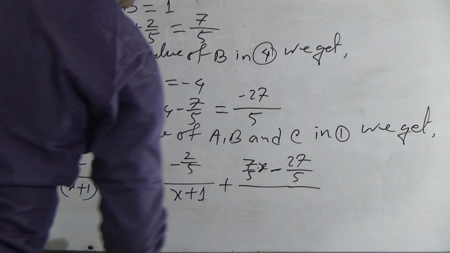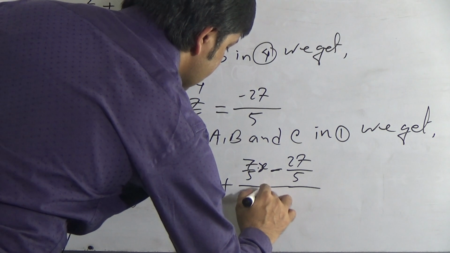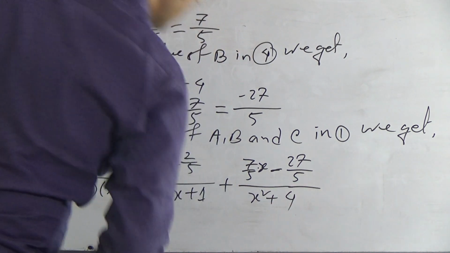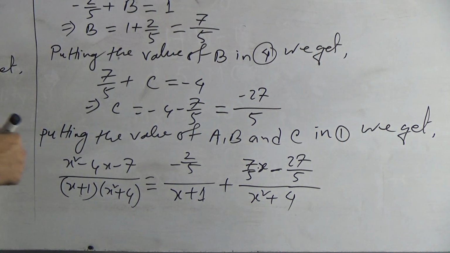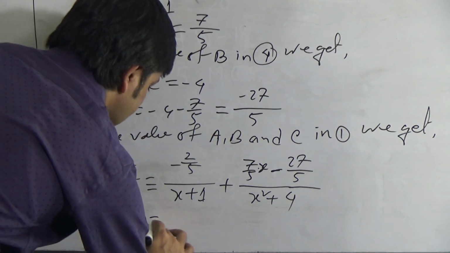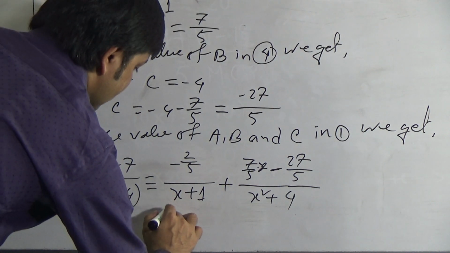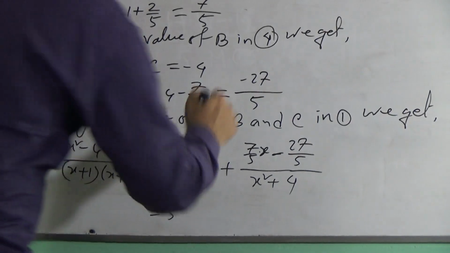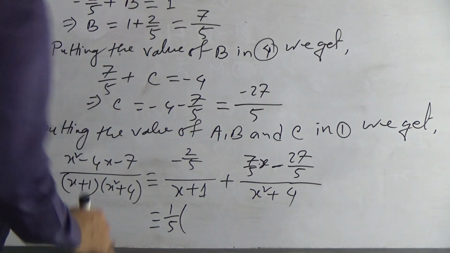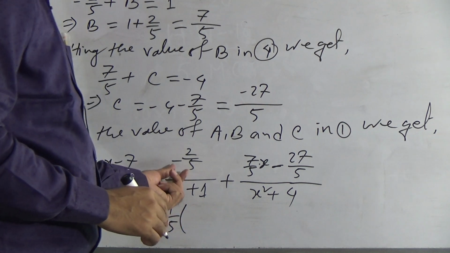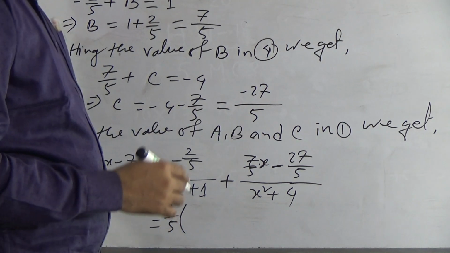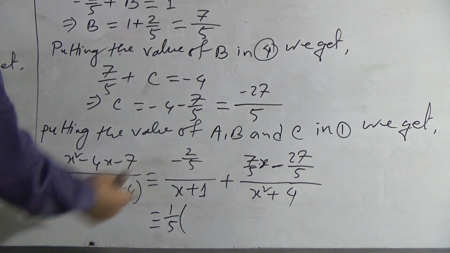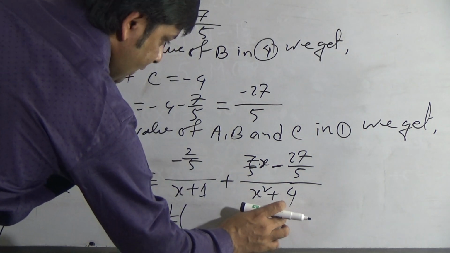All over x square plus 4. Now we can calculate a little bit here. We can take 1 by 5 as common. As this is negative, I want to write this one as the second fraction and the other as the first fraction. So I am writing this one first.